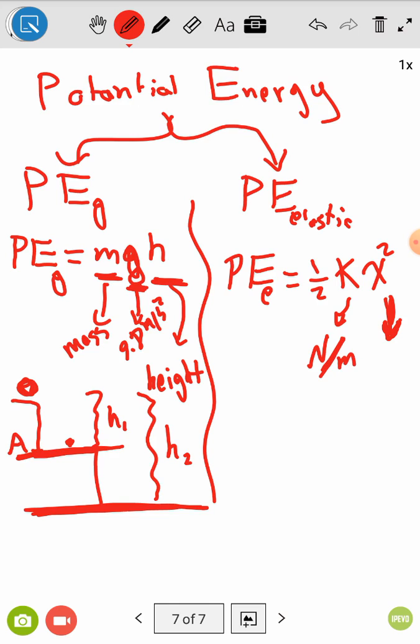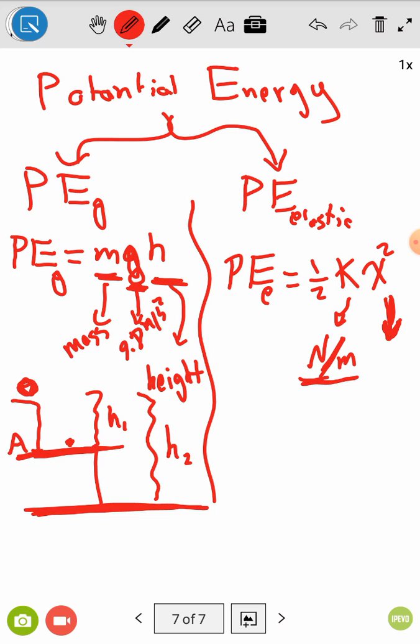In other words, it's the amount of force needed to compress or stretch the spring or the elastic object 1 meter. K describes how flexible or stiff the object is. If k is small, this is a flexible spring. If k is large, this is a stiff spring.